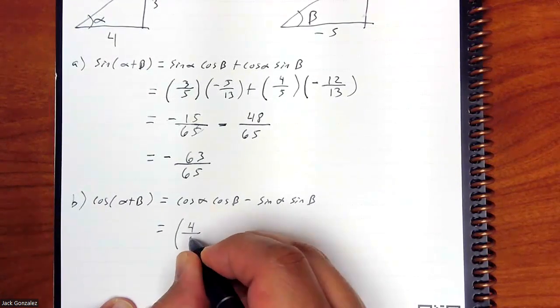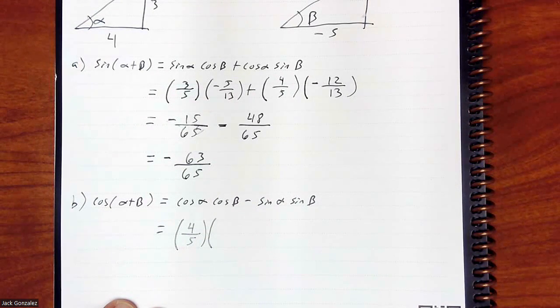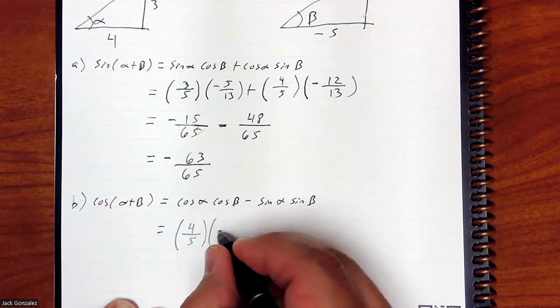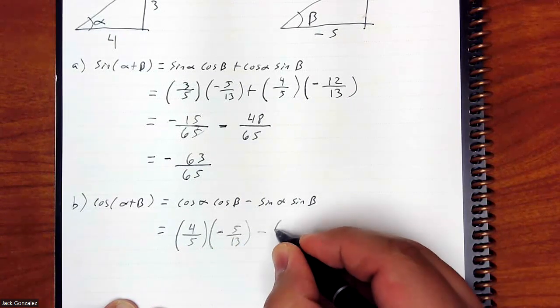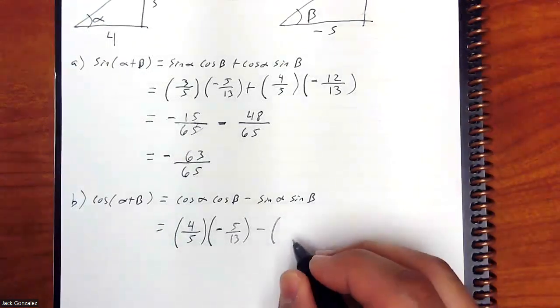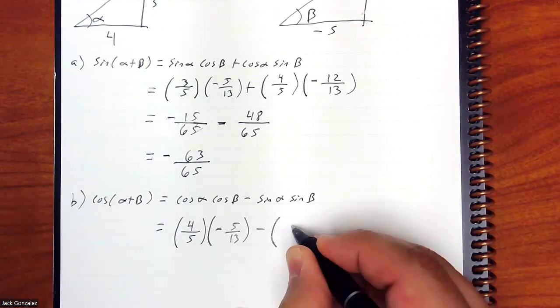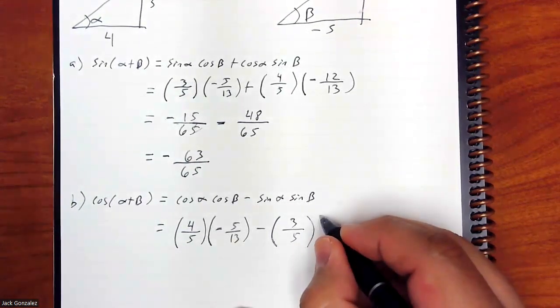What is cosine beta? -5/13 minus sine alpha. That's 3/5, right? And sine beta?